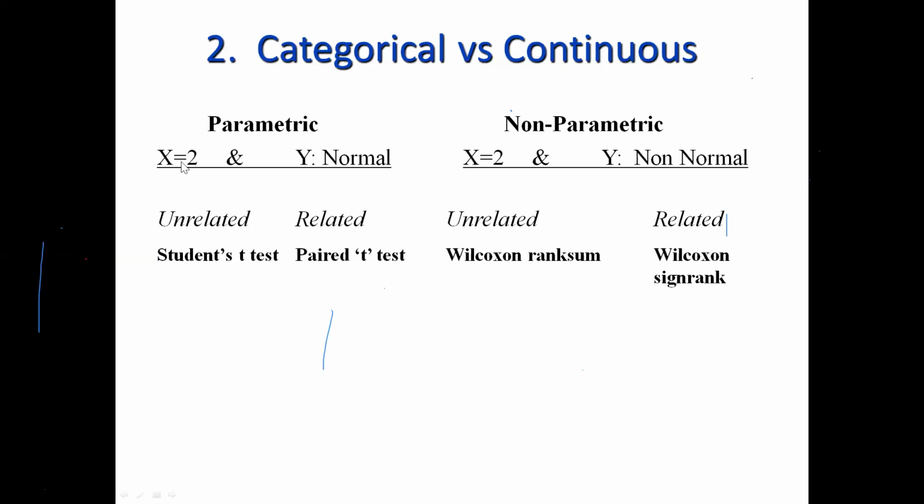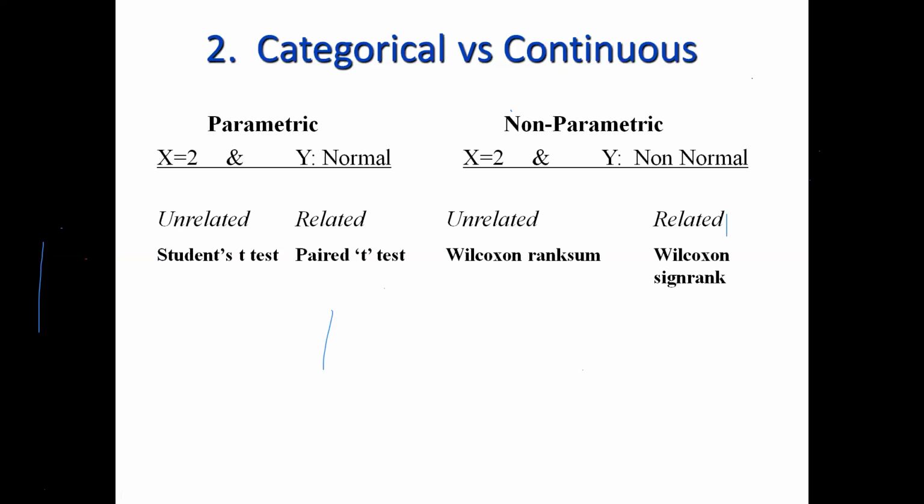Whenever you do hypothesis testing, it will be in groups. Suppose drug A or drug B, these are the groups. Groups are unrelated means one group is not related with the other. Then we will apply the student sample t-test. Both groups are different, not related, which means independent.